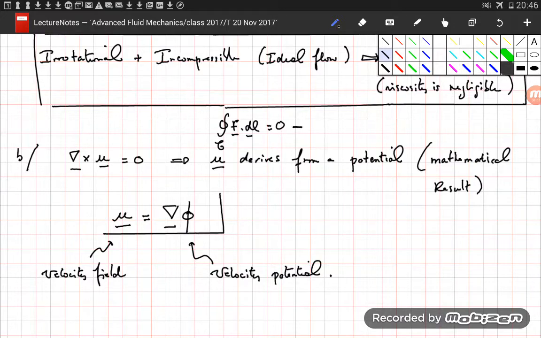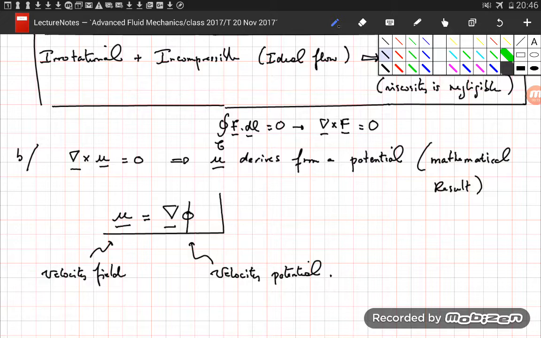Now, if this is true, to say that a force field is conservative is actually the same as to say that your force field is curl-free. And you do remember that a force field which is conservative derives from a potential.